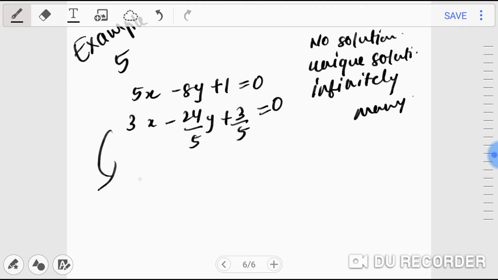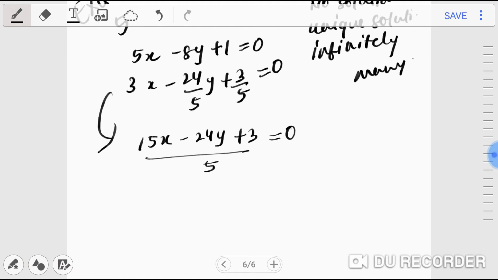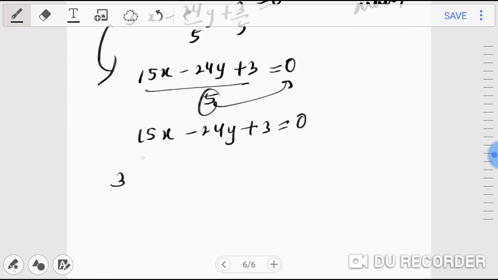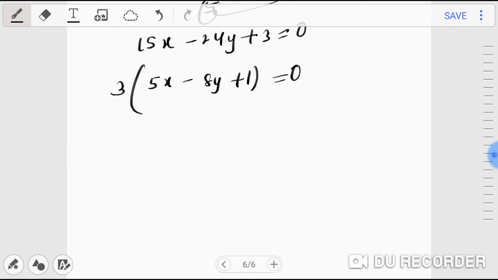I'll take the LCM, it will become 15x minus 24y plus 3 upon 5 is equal to 0. If I take this 5 on that side, it will go for 15x minus 24y plus 3 is equal to 0. If I still simplify, I'll take 3 common, so it will be 5x minus 8y plus 1 is equal to 0.